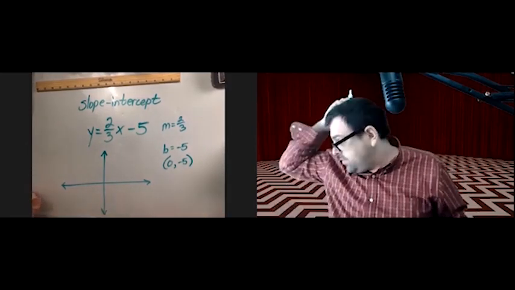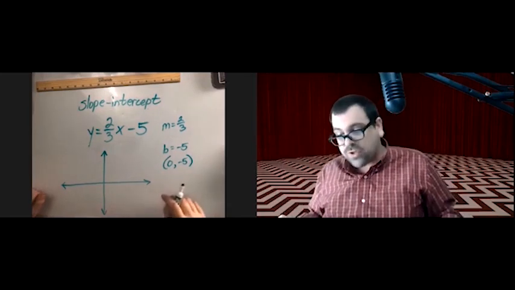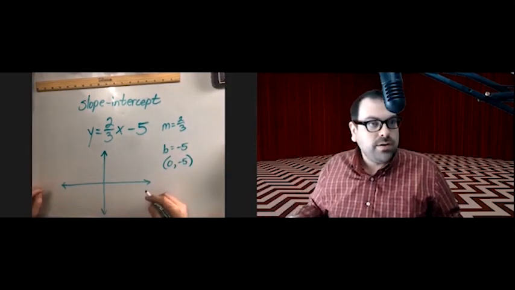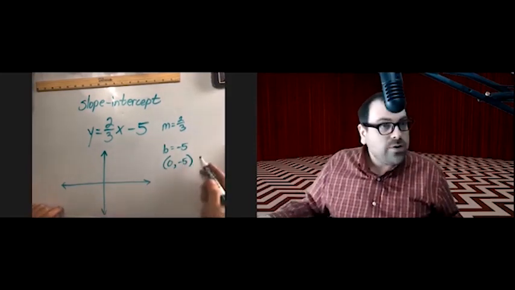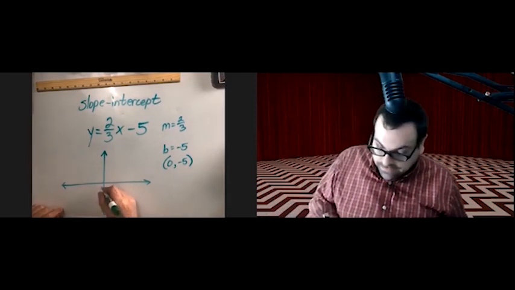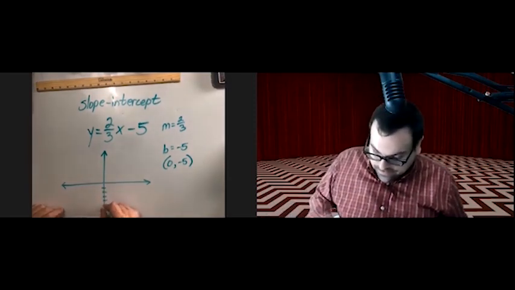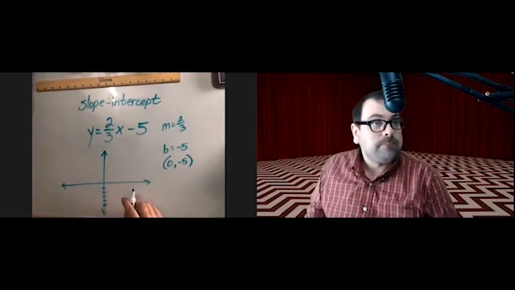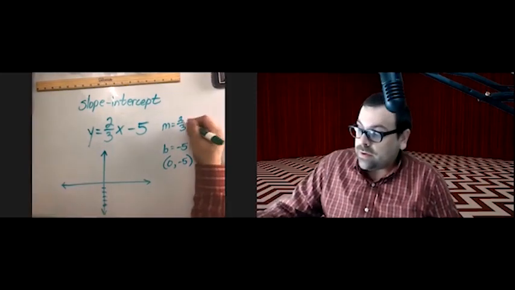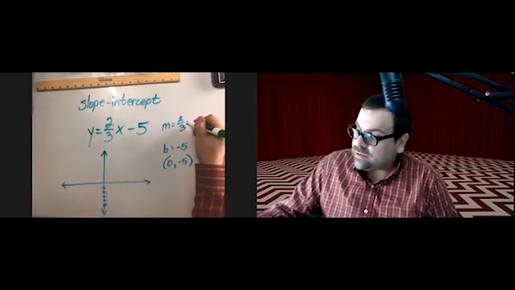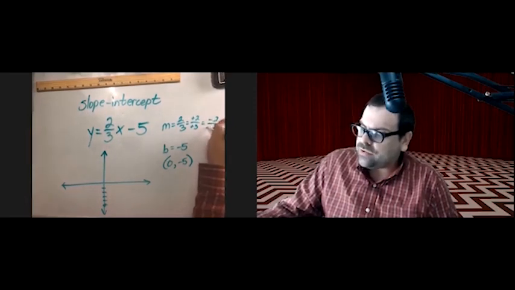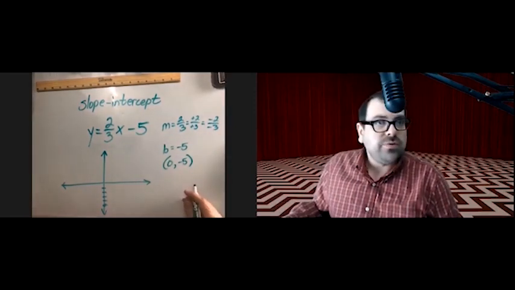How can we graph using slope-intercept form, finding the slope and y-intercept? Well, first, we take the y-intercept point and we plot it. So 0, negative 5, that's on the graph. A slope of 2/3, that's either +2 over +3, but it could also be -2 over -3.